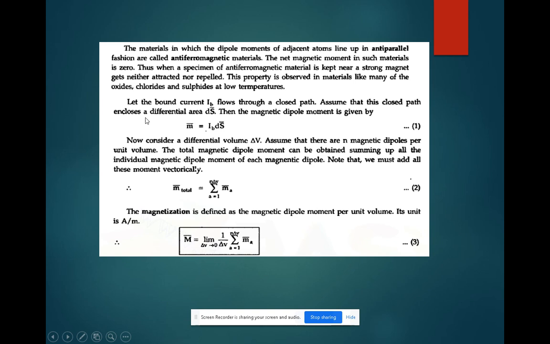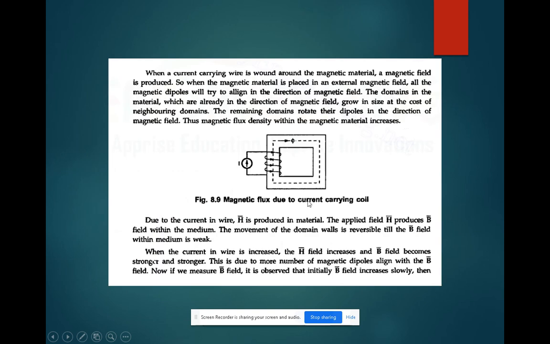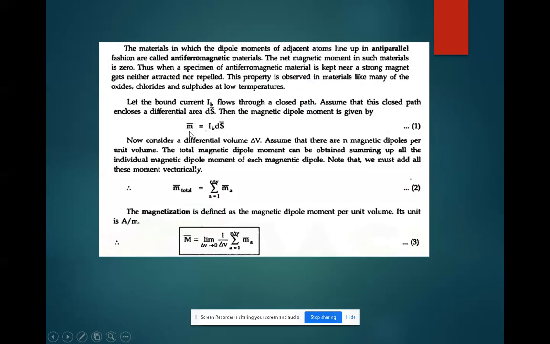Here we consider the current I_b flowing in the conductor in a closed path, which will enclose the differential area dS vector. Then the magnetic dipole moment generated here is calculated as m vector. This dipole moment is represented by small m vector equal to I_b times dS vector, where I_b is the current flowing in the conductor and dS is the differential area.